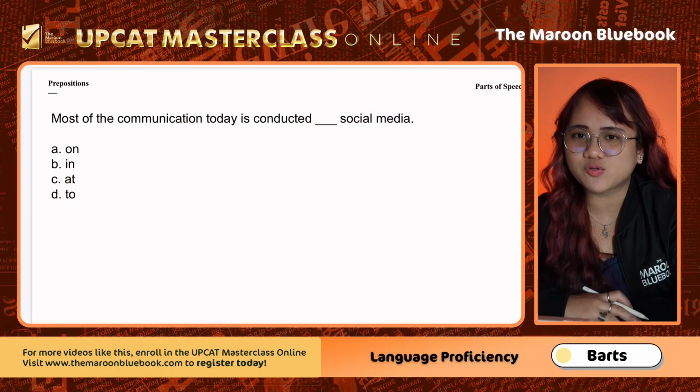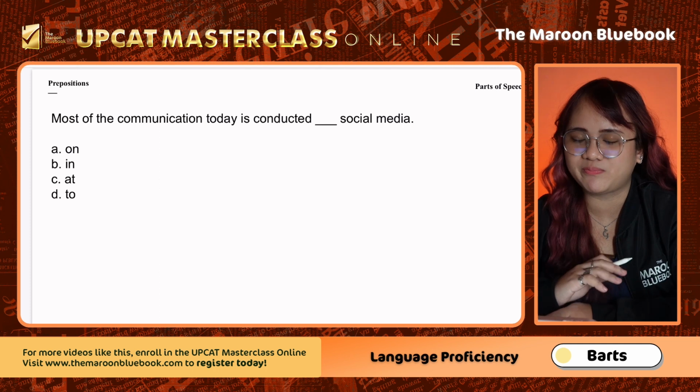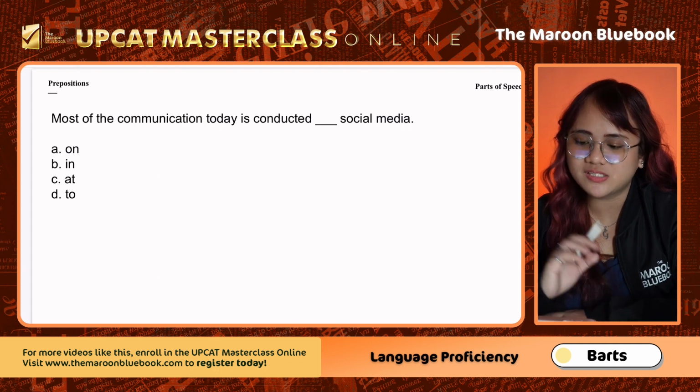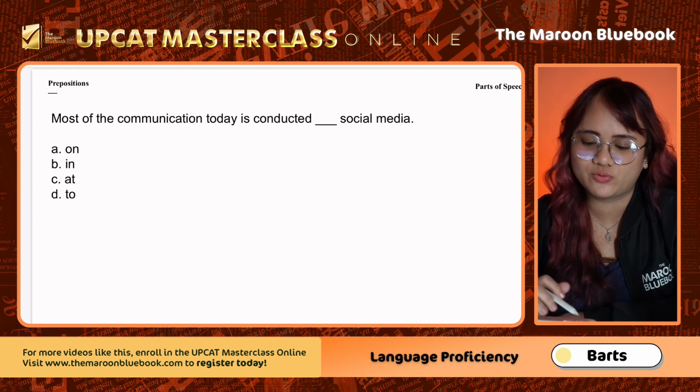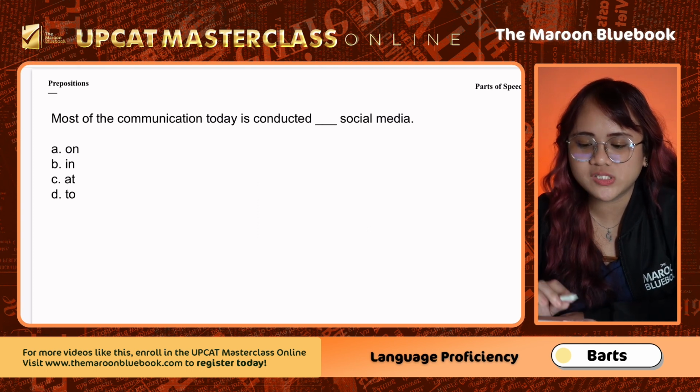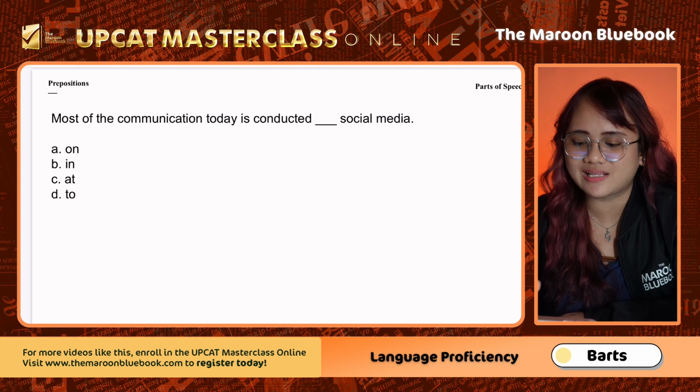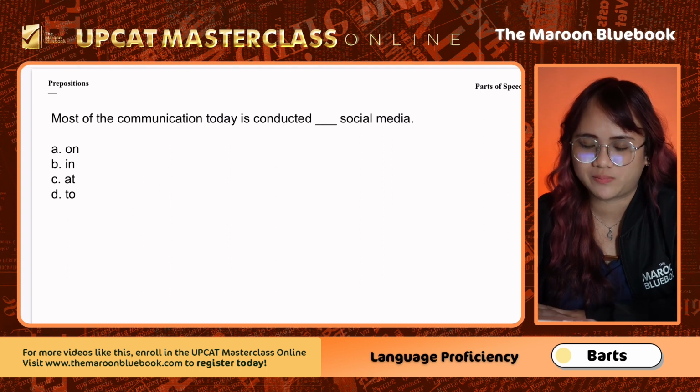Now this next question is quite different from the previous two questions because it talks about an activity, like the preposition, then connecting it to an activity. So most of the communication today is conducted blank social media.